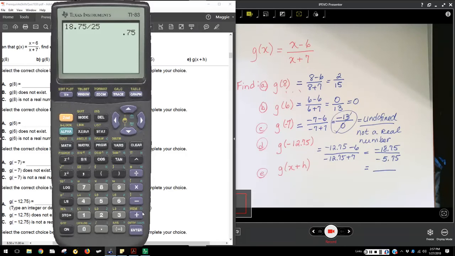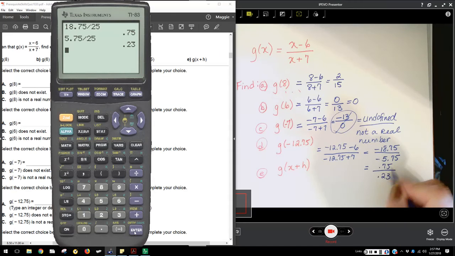That's going to give me 0.75, and then 5.75 divided by 25 gives me 0.23.